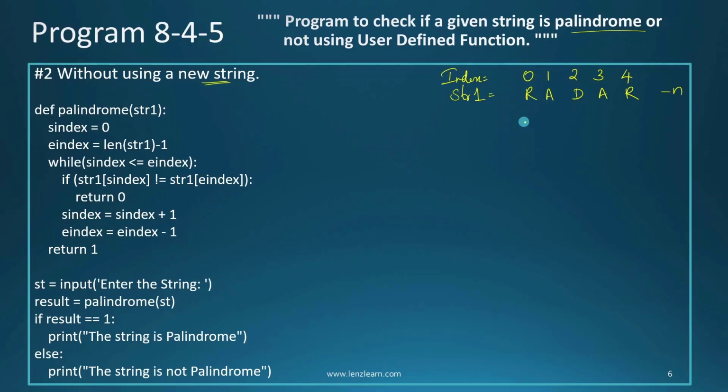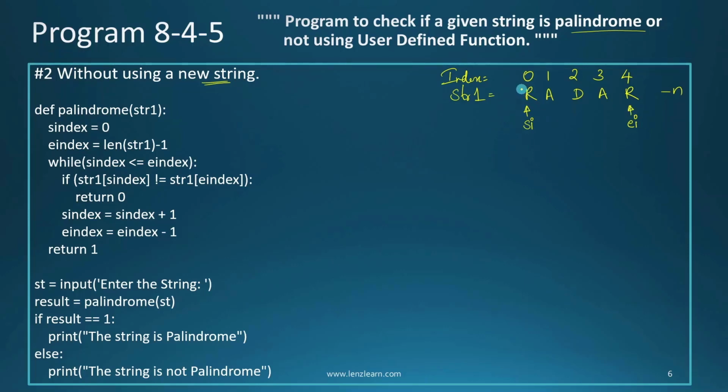So what I do here is that I will create 2 variables. The first one is called the starting index, SI, and the other variable is called the ending index, EI. And initially I will point SI to the first character and I will point EI to the last character.